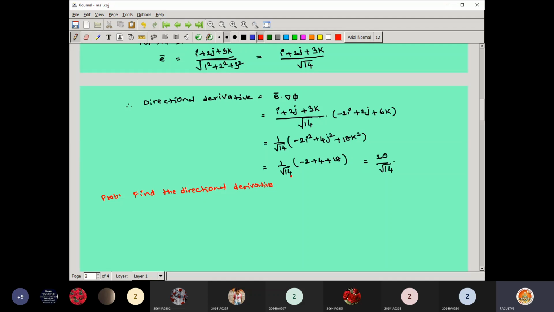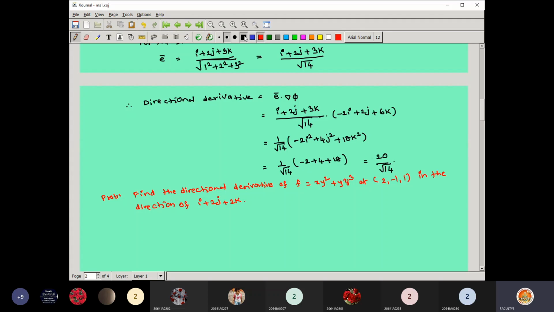Find the directional derivative of f equal to xy squared plus yz cubed at the point 2, minus 1, 1 in the direction of the vector i plus 2j plus 2k.